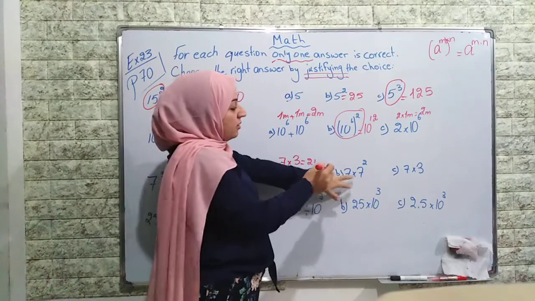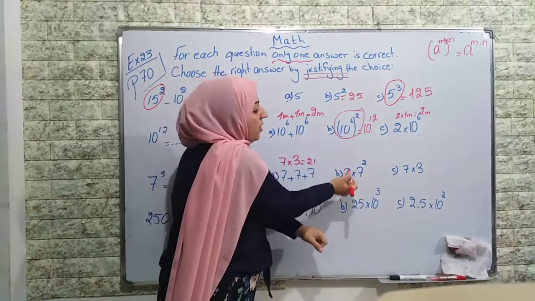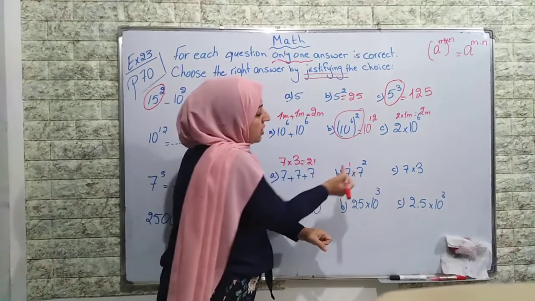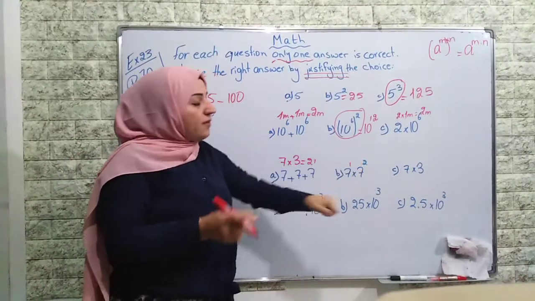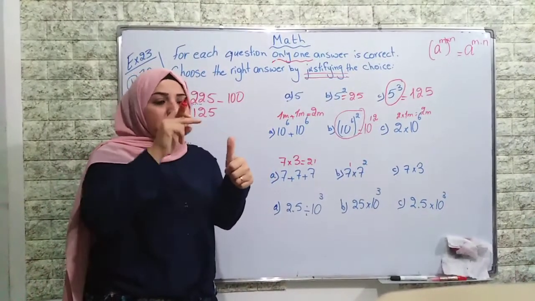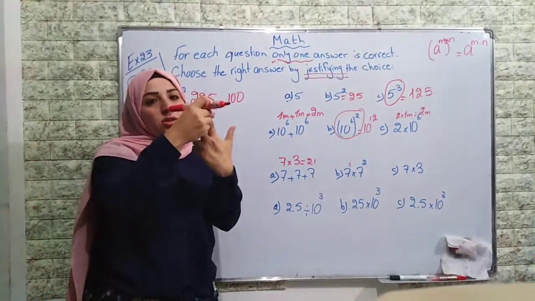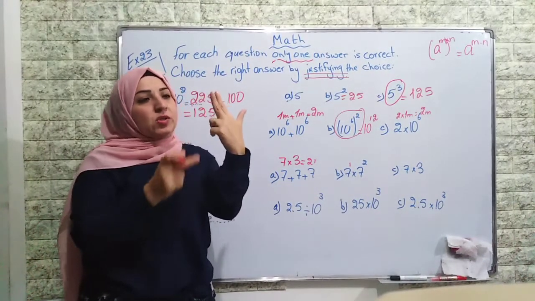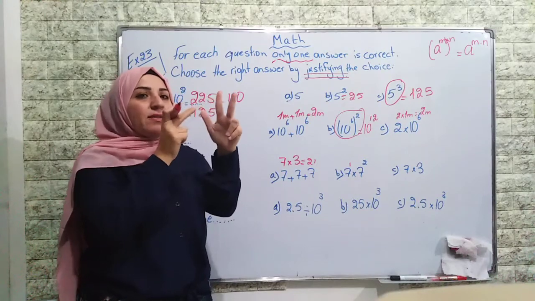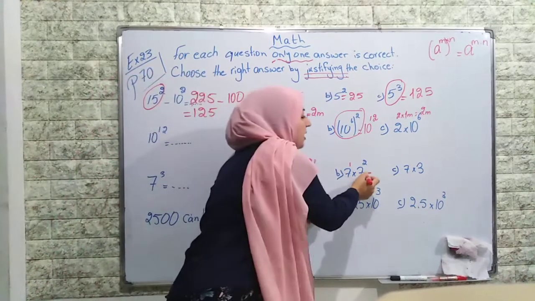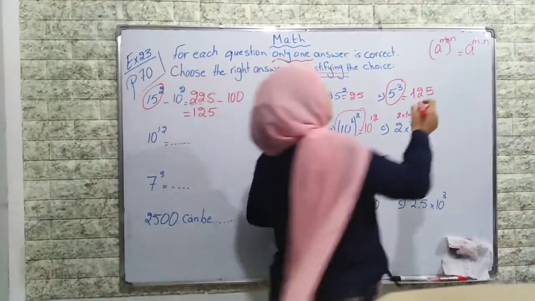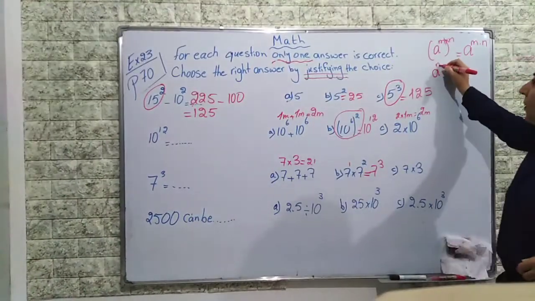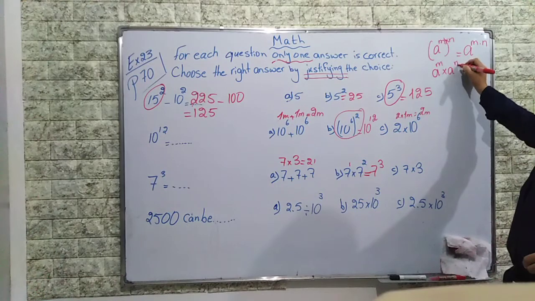Now 7 times 7 power 2, there's not a written power here, so it's power 1. 7 power 1 times 7 power 2. 7 is repeated one time, times 7 multiplied by each other 2 times. So 7 times 7 times 7, which means that it's 7 to the power 3. Or I can apply the rule a to the power m times a to the power n.